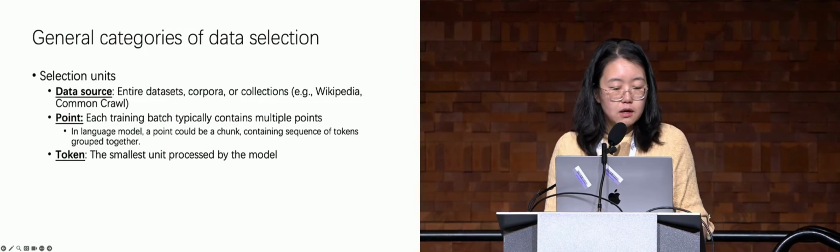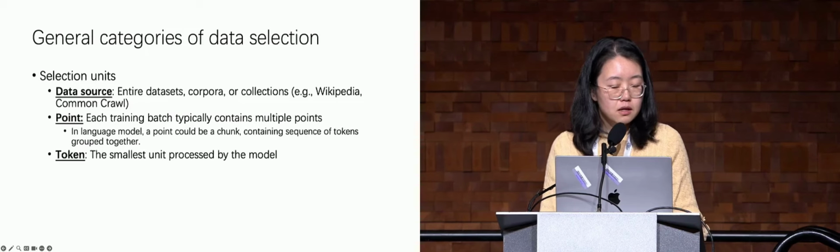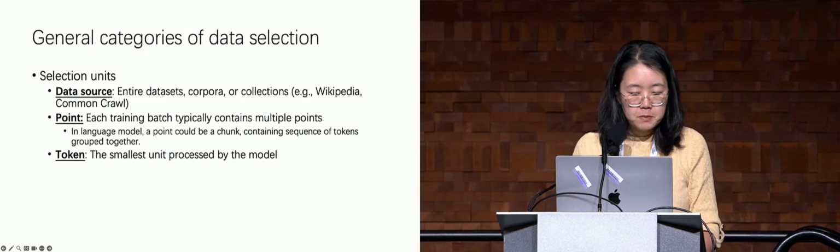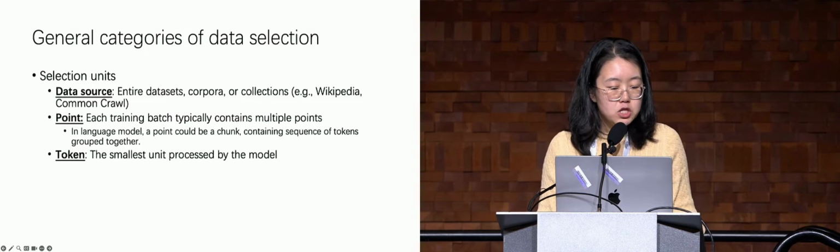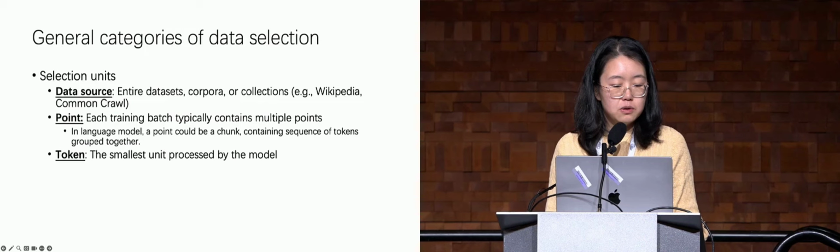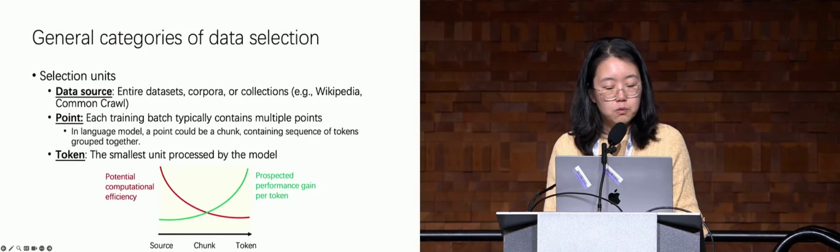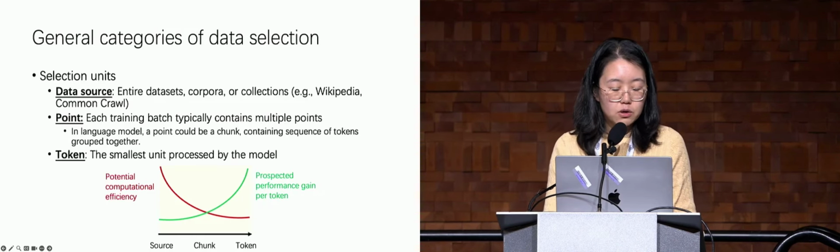Before we dive in, let's just broadly talk about what data selection means in this tutorial, making sure that we are all speaking the same language. Depending on which units you are trying to select, you can broadly categorize data selection into selecting data source, data point, or token. A data source may be an entire data set like Wikipedia or Common Crawl.